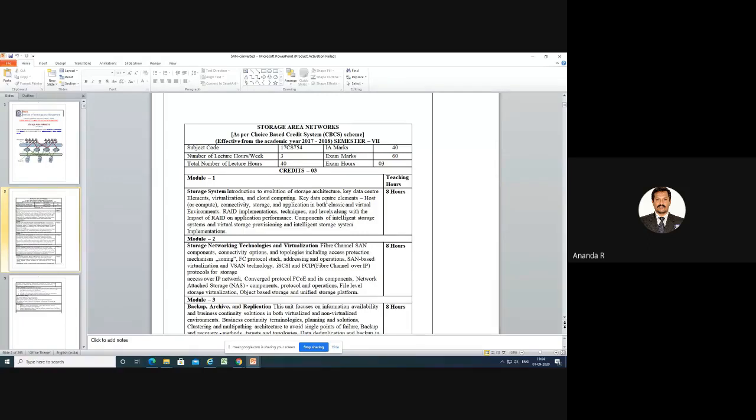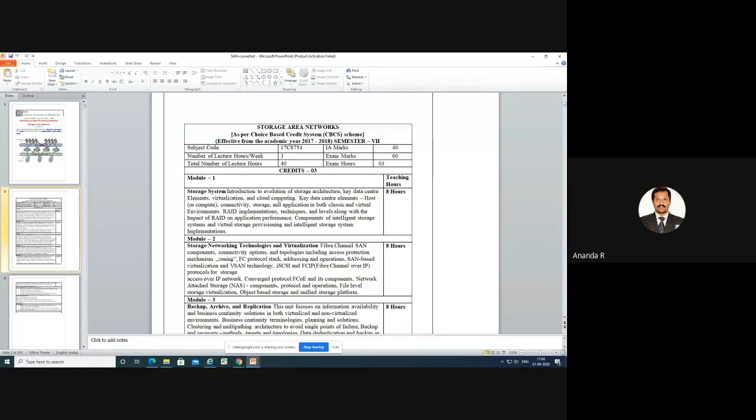In the storage architecture, we're going to study key data center elements, then what is virtualization and cloud computing. We also understand the role of cloud computing inside storage area networks.